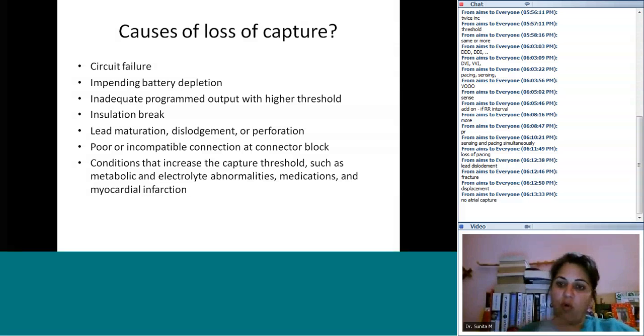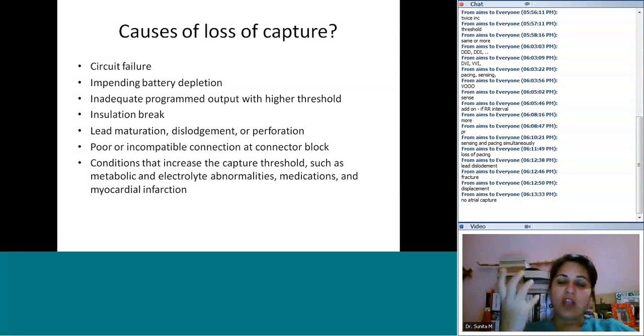So you need to think of all these different causes. So whenever you have a pacing spike with no capture, you start from here. Look at the generator, look at the connection, look at the battery life, look at the circuit, get an X-ray, look for dislodgement, look at your electrolytes, look at the medications the patient is on.